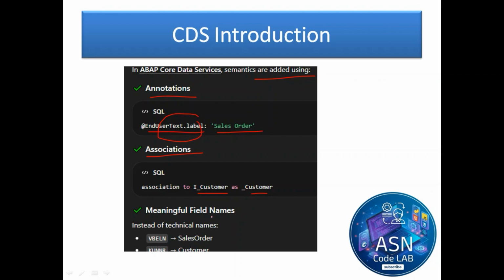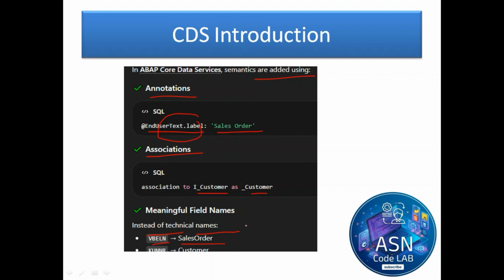So meaningful field names instead of technical names. That is, VBELN is a technical field name, but as a meaningful name, we can call it a sales order. So the CDS views will understand VBELN as well as your sales order naming convention. If you tell a user, I need 5 VBELN, he may not understand properly or may be confused.